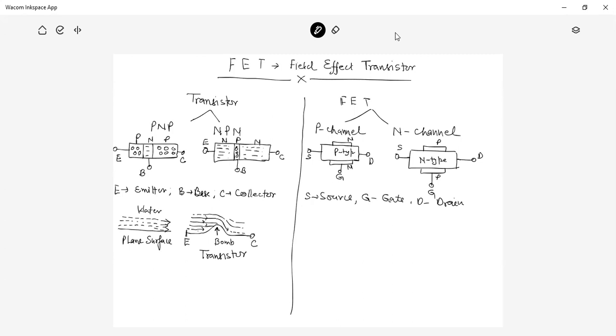Now, in case of FET, suppose this is the plane surface, and water is flowing this way.